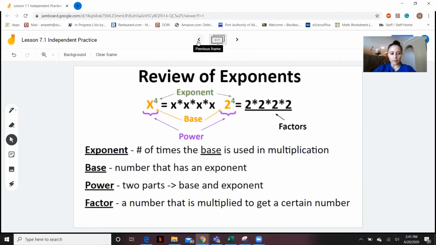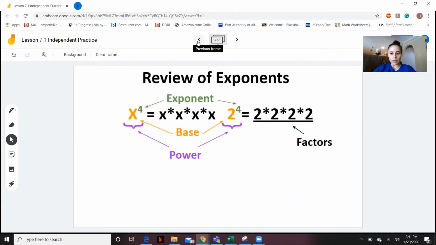Okay, so just a review of exponents. The exponent is the small number that's a little bit higher than the bigger number. It says how many times the bigger number, or the base, the lower number, is being used in multiplication.